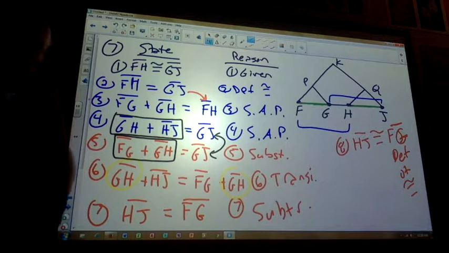Did you just say, give the given and then just say FG is congruent to HJ because of segment subtraction, like what we did yesterday? I like that. That might be a good jump. So you want to go to the given and subtract right away?